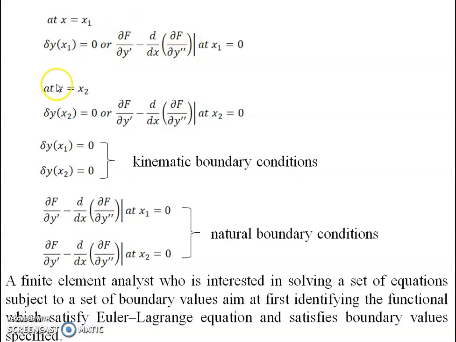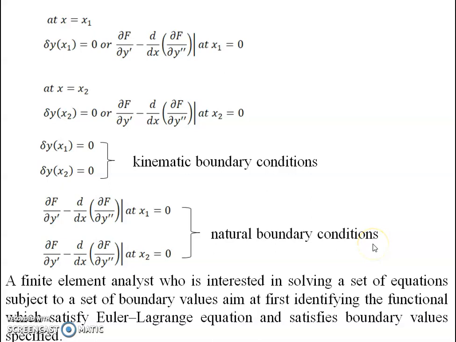Similarly, at the second end x equals x2, I will get one more relationship. Among these, δy(x1) and δy(x2) equal to 0 is said to be the kinematic boundary condition, which shows a variation of the function y with reference to the incremental distances. Similarly, the function with reference to δy' at x1 and the function with reference to δy'' at x2 will say what natural boundary condition we have posed for this equation.